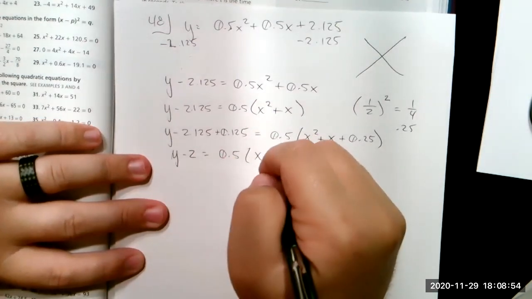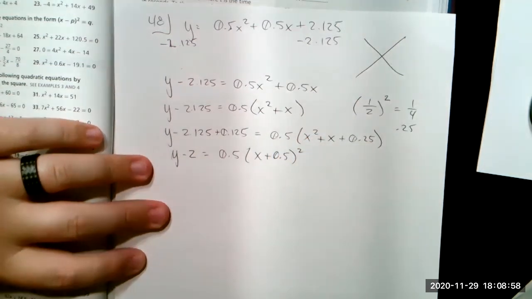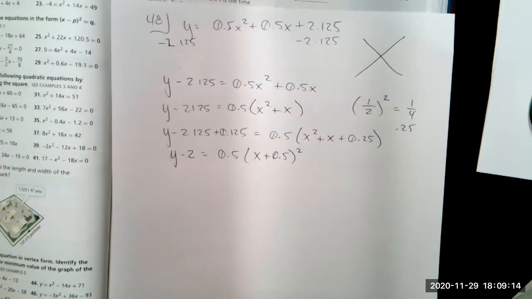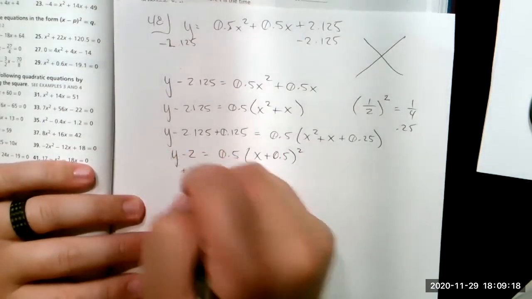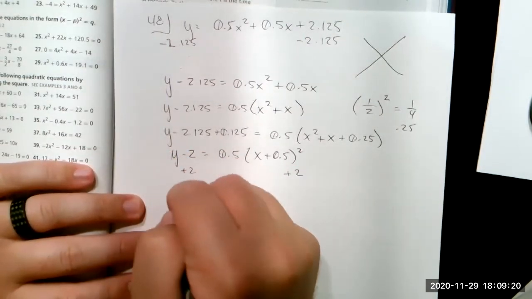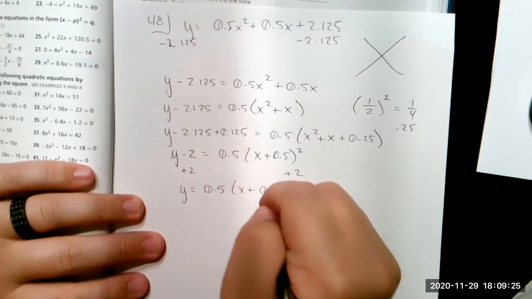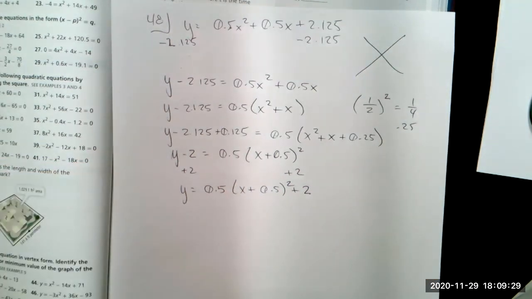So I'm going to have x plus 1/2, x plus 0.5, however you want to write it, squared. Now's the point where I'm going to go ahead and move that constant over to the other side. So I'll add 2 to both sides. Y equals 0.5, x plus 0.5 squared plus 2.